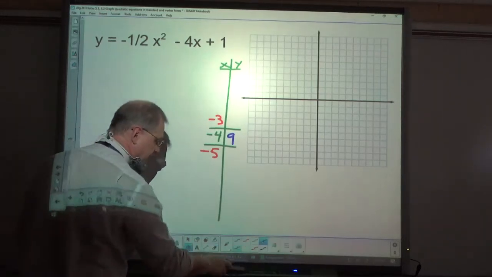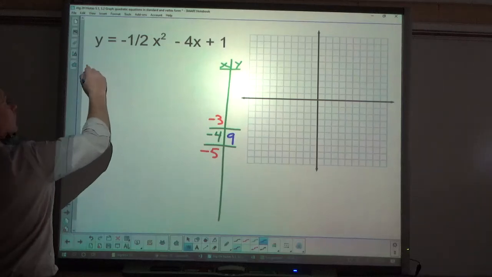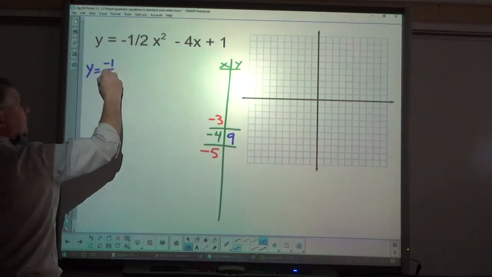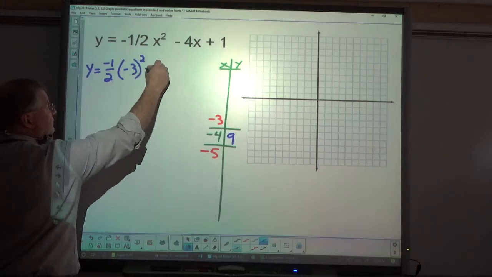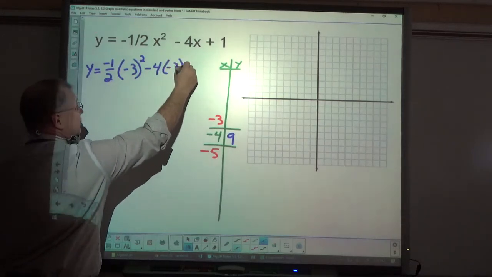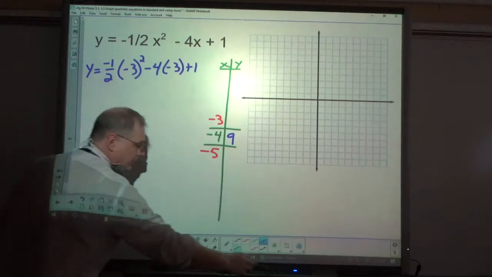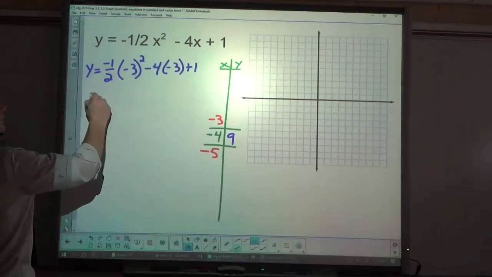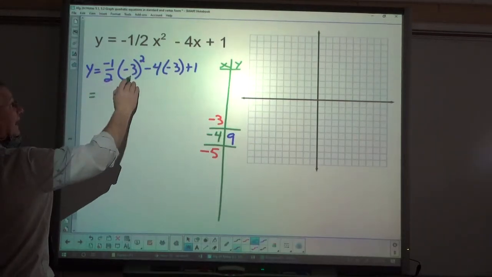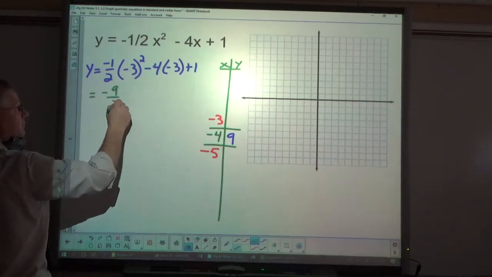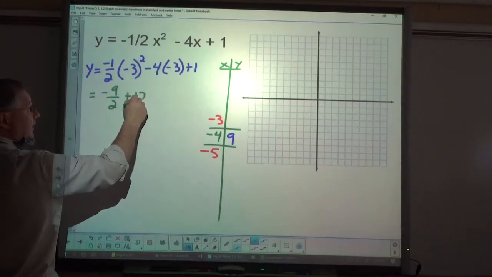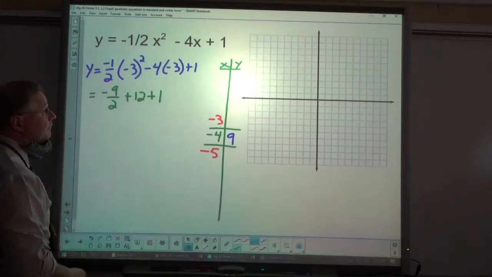All right, let's check it out. Y equals negative 1/2 times negative 3 squared minus 4 times negative 3 plus 1. Nine times negative 1/2, negative 9 over 2, plus 12 plus 1.